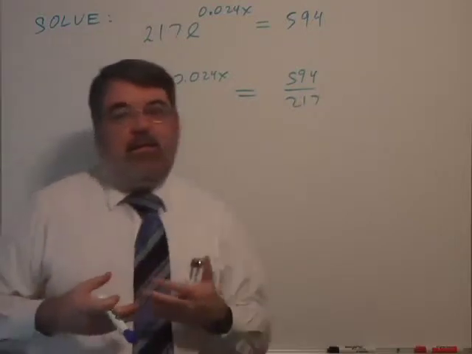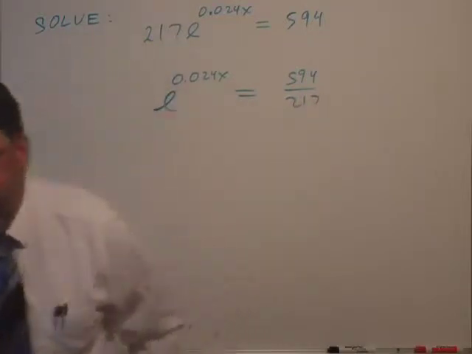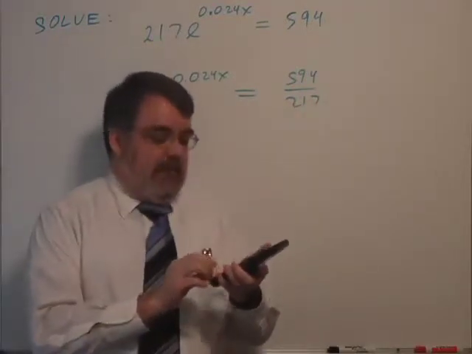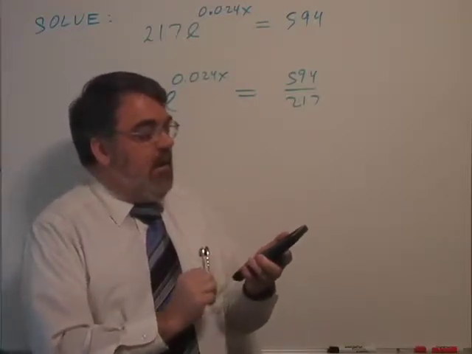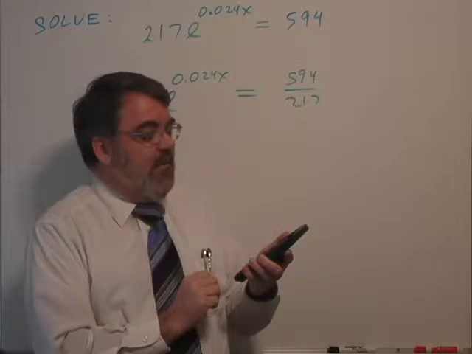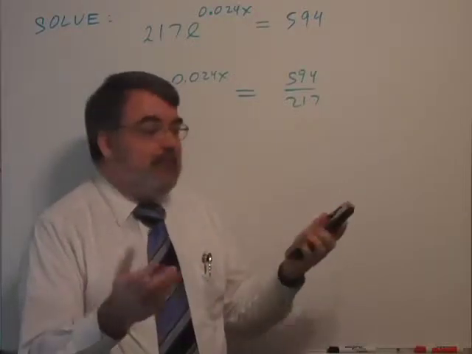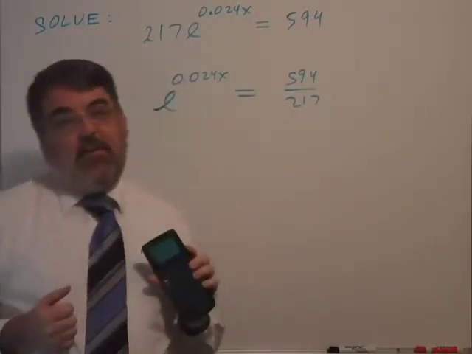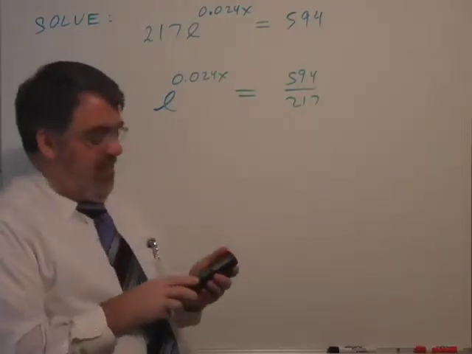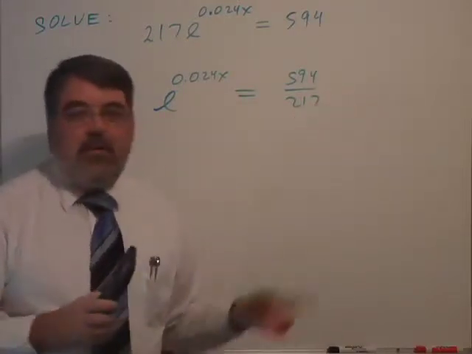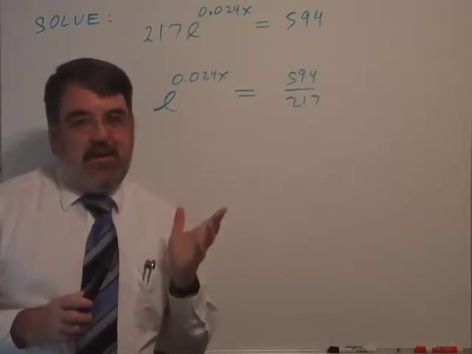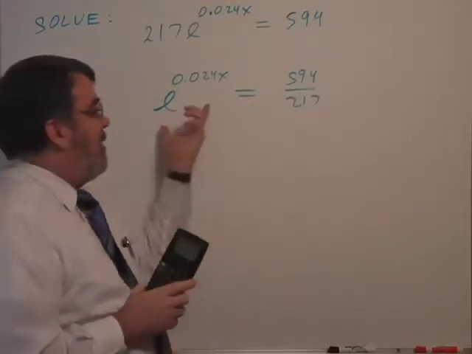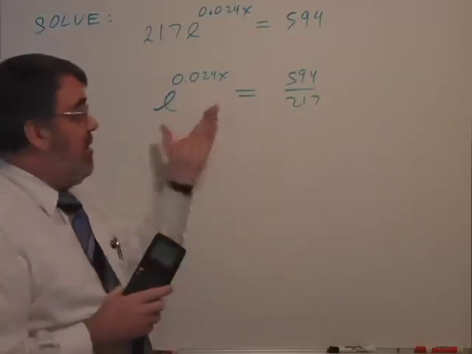A mistake a lot of students make is punching this into their calculator because they don't want to write fractions. 594 divided by 217 is 2.73732718894. Well, how many decimals do you write? If you round this off and say it's 2.7, then you've cut it off so short that you've made a pretty big error, and sometimes those errors can really balloon in these kinds of problems.